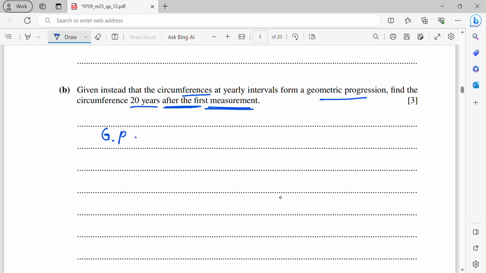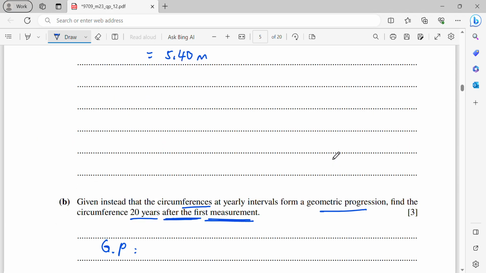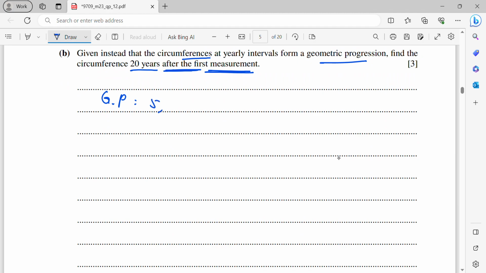Okay, so I'm getting geometric progression right now. So copy back the first term 5, second term 5.02 from the first part. So here 5, 5.02, and so on. Then now you need to find what is your T21. So again, from this geometric progression, you'll be getting A is 5. The common ratio R is second term divided by first term, which is 5.02 divided by 5, and you will be getting 1.004.